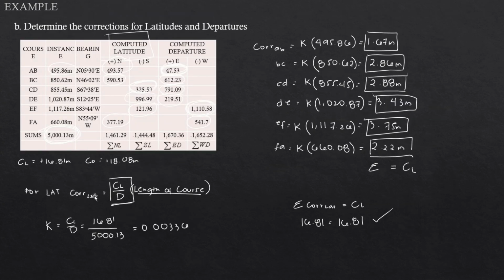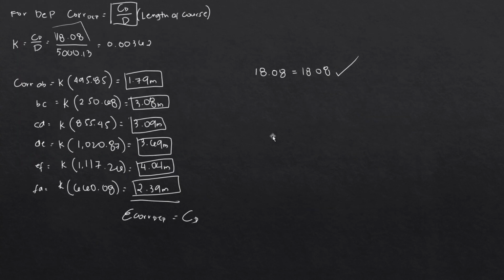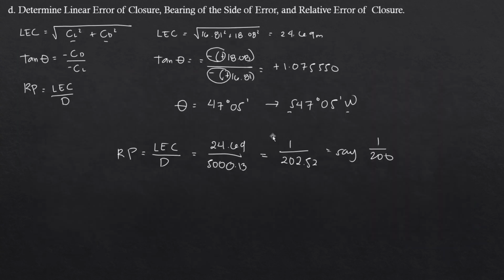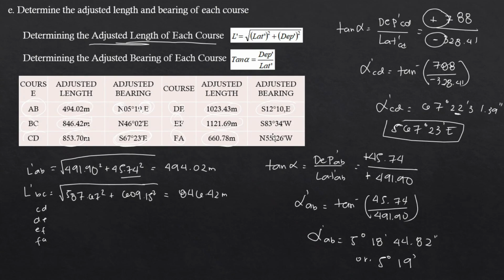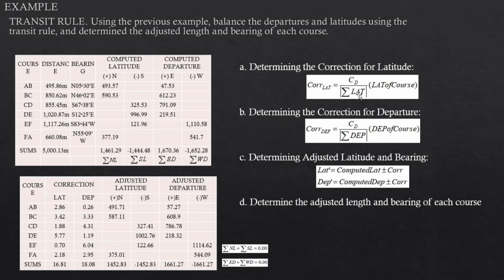Yung formula kasi nun is, ito lang mag-iiba dun. Yung formula lang na ito. So, correction ng latitude, ito. So, try nyo i-solve. Ito yun na yung answers dun sa adjusted latitude and adjusted departure natin.